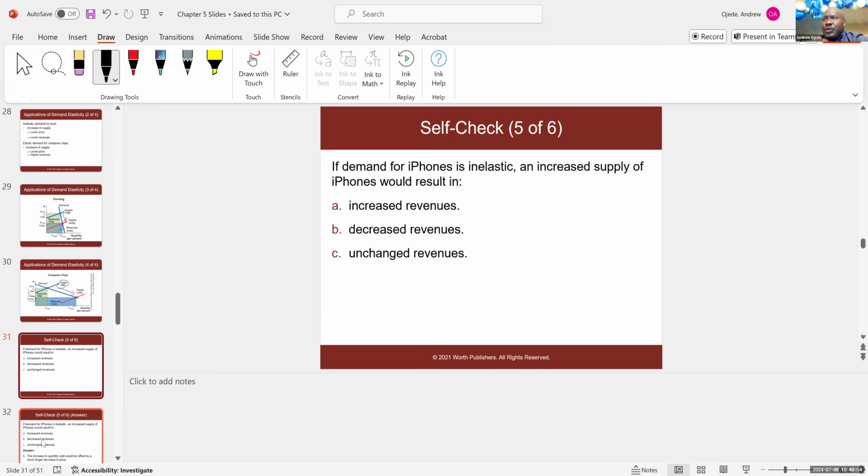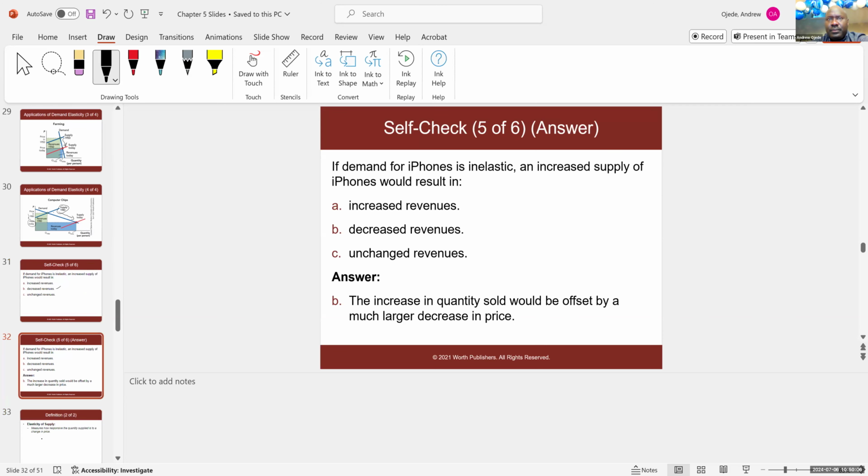And we know that for goods with inelastic demand, if you want to increase revenue, you need to increase the price; if you want to decrease revenue, you decrease the price. So this is going to lead to decreased revenue. The increase in quantity would be offset by a much larger decrease in price, which would eventually decrease revenue. So B is the correct choice.